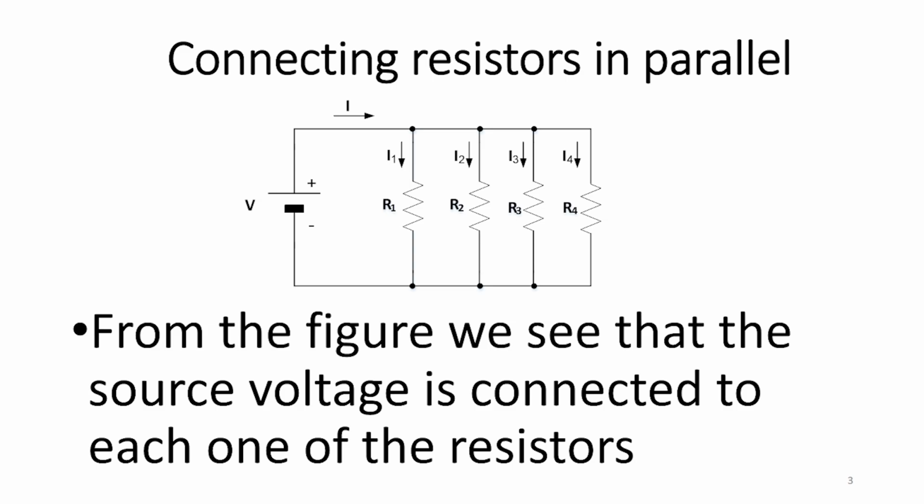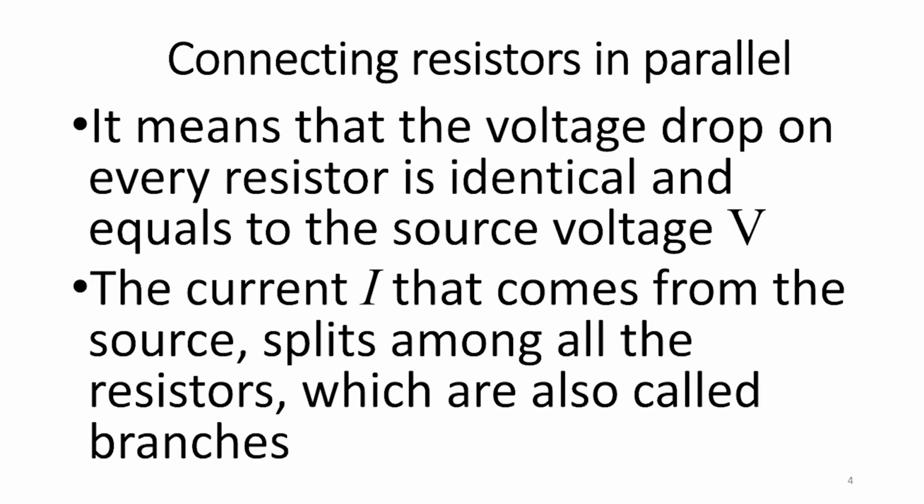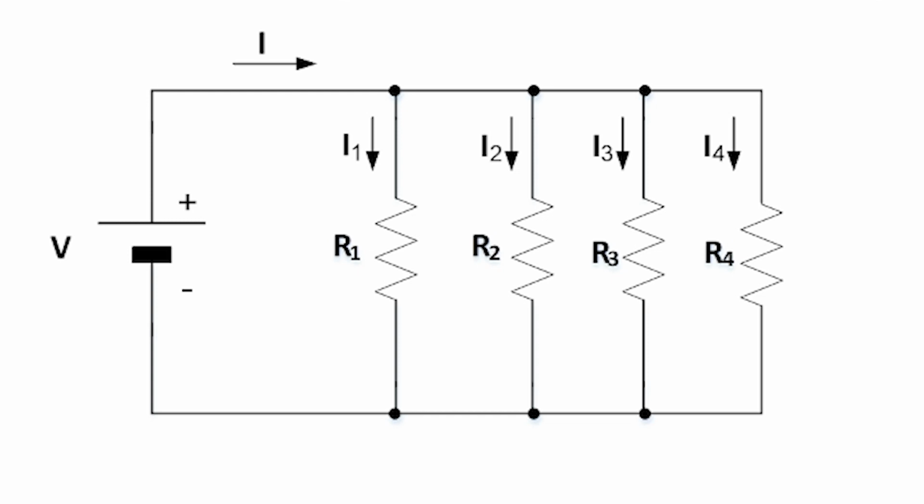From the figure, we see that the source voltage is connected to each one of the resistors. It means that the voltage drop on every resistor is identical and equals the source voltage V. The current I that comes from the source splits among all the resistors, which are also called branches.